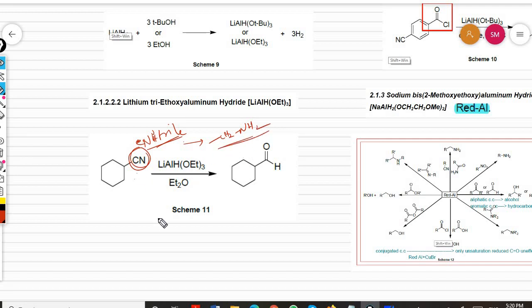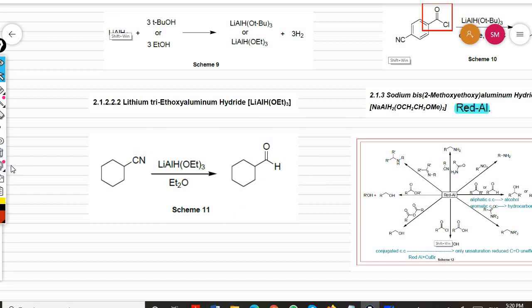But here, nitriles can be converted into aldehydes. Tri-butoxy will convert acid halide into aldehydes, and triethoxy lithium aluminum hydride will convert nitriles into aldehydes. These are specific reagents used especially for these types of transformations, so these are very important.